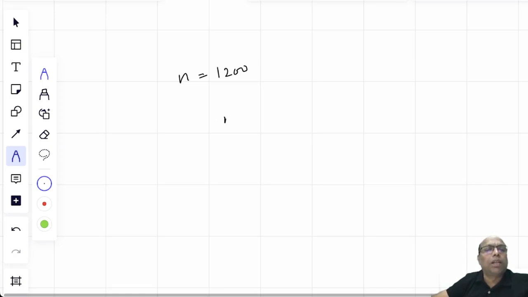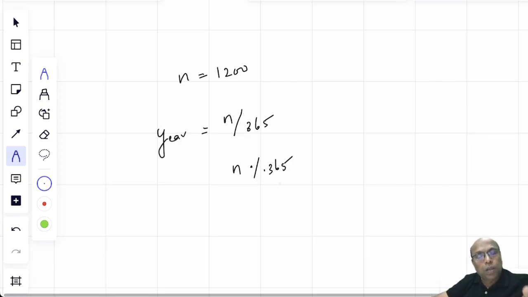So simply write here n divided by 365. 365 days makes 1 year. That will be my year. Now tell me how to get the remaining days from here. Simple: n mod 365. 1200 modulus 365 is going to give me 105, which is my remaining days.